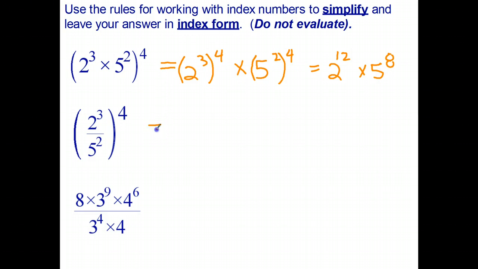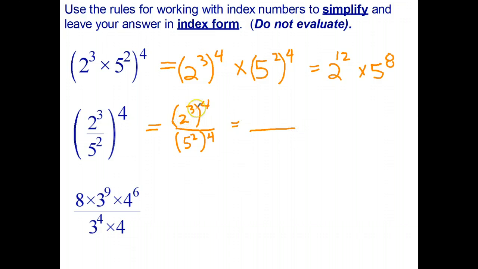Okay, second question. We've got all of 2 cubed over 5 squared raised to the power of 4. Let's get rid of these brackets. So that's going to be 2 to the power of 3 all to the power of 4 over 5 squared all to the power of 4.